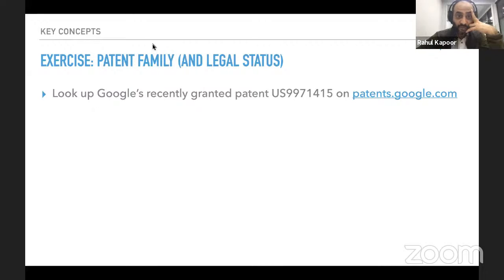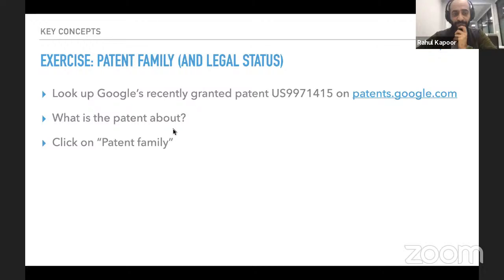And what I want you to see in this particular patent is the patent family. I will not do this exercise myself, because so many of you have done it. What this patent is about, you've already mentioned in the chat. Click on the patent family.